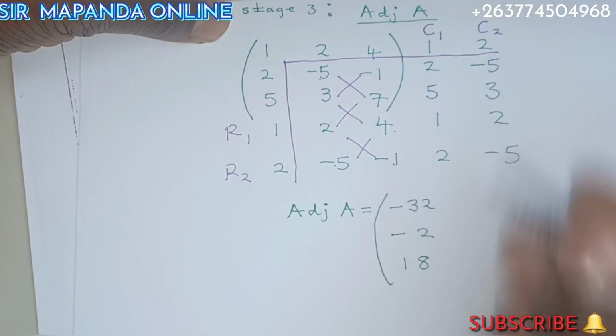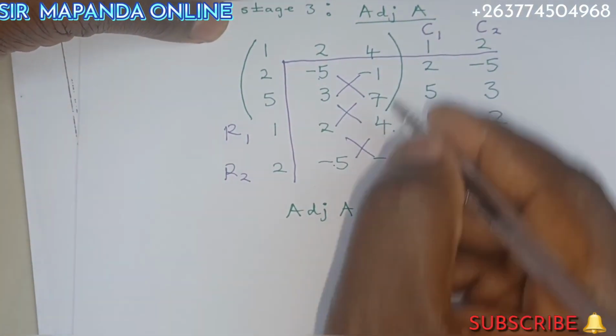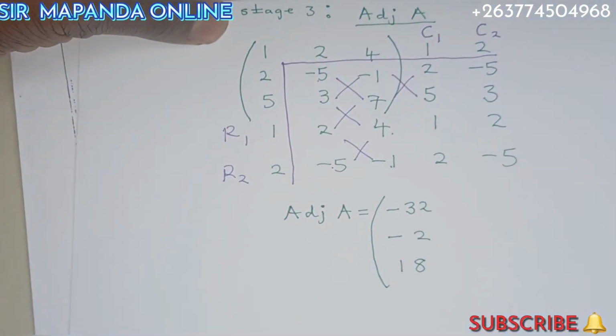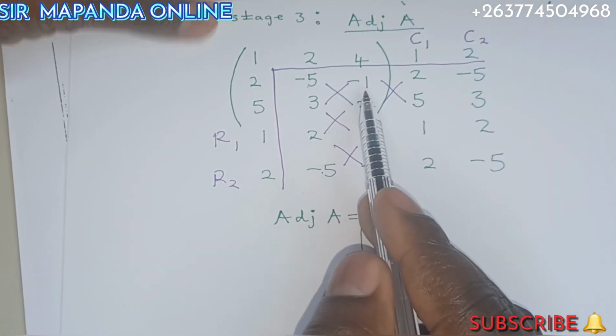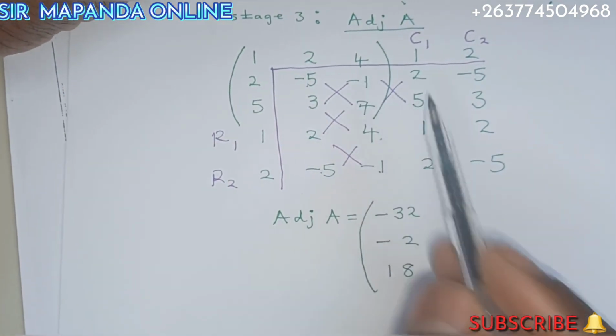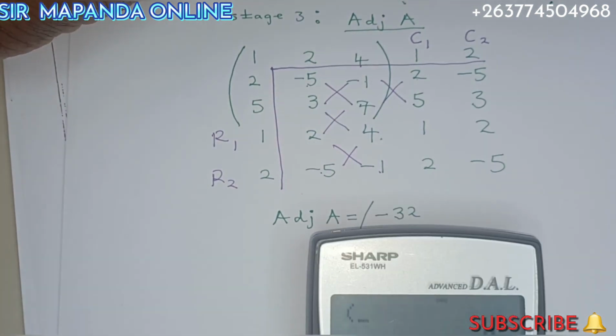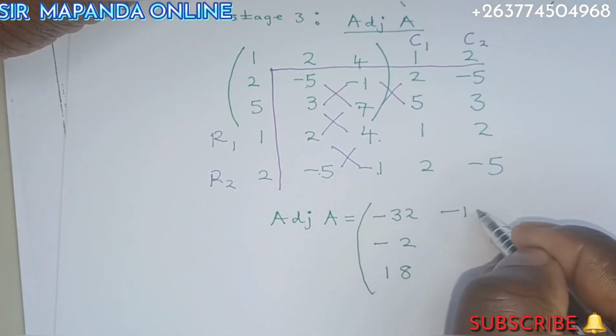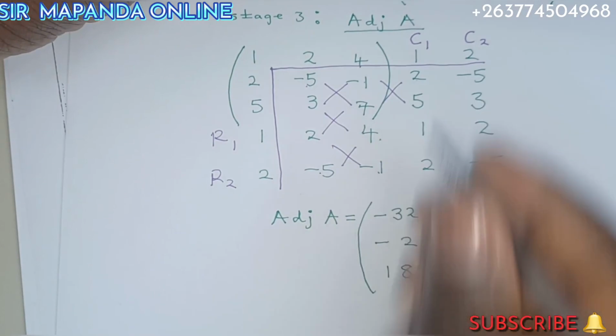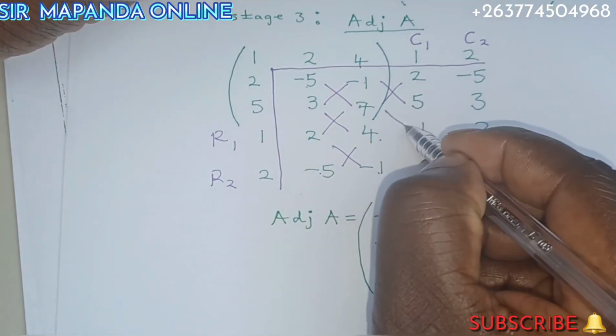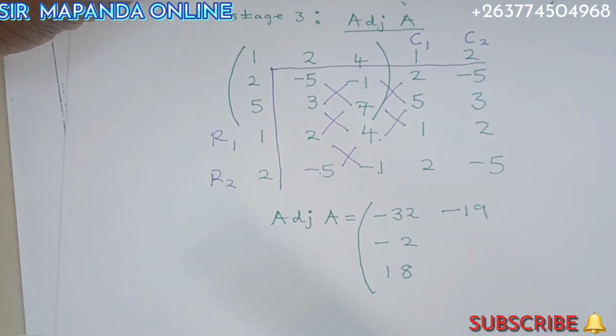We are now moving on to the second column. For the second column, the first matrix is minus 1, 2, 7, and 5. I hope you are following. So you are saying minus 1 times 5 minus open bracket 7 times 2. You get minus 19. So this is minus 19. Then you move on to the next 2 by 2, which is 7, 5, and 4, 1.